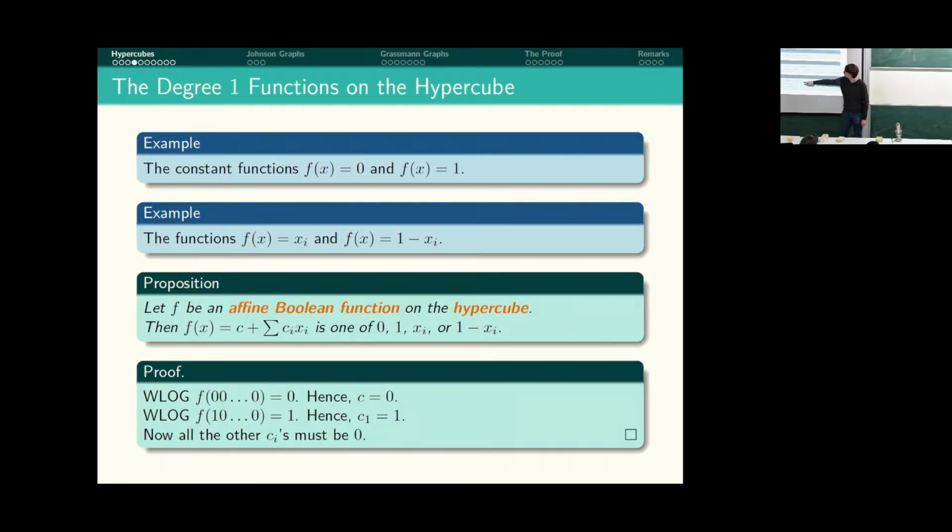So we figure out that the C here must be 0. Without loss of generality, we can assume our function is not constant. So at some point, it flips to 1. So one of our coefficients has to be 1. And now it's easy to figure out that all the other coefficients must be 0. Okay, so this problem is not very interesting. We have solved it completely.